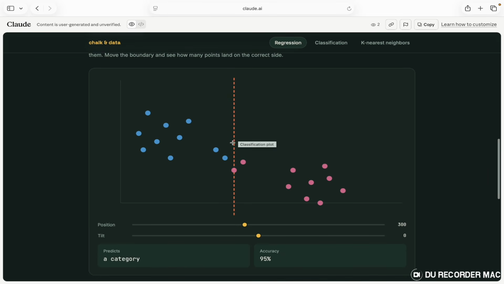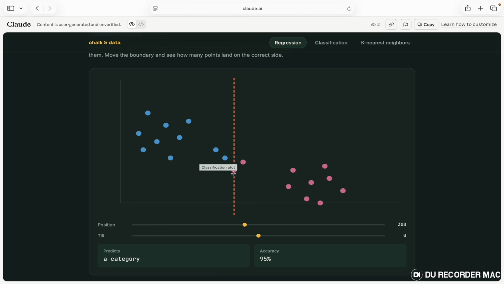Now if I talk about the accuracy of separation, it is only 95%, and there is everything on this side of blue and everything on this side of pink. That is basically what it's saying. If you are on this side, I think you are blue. If you are on this side, I think you are pink.